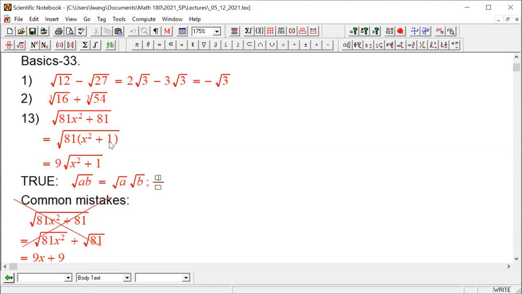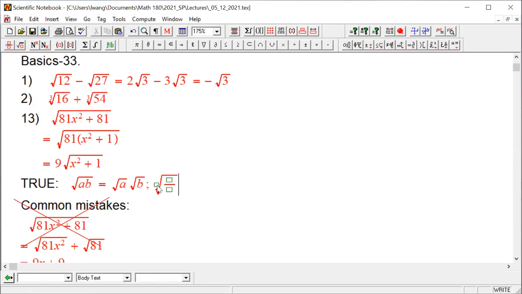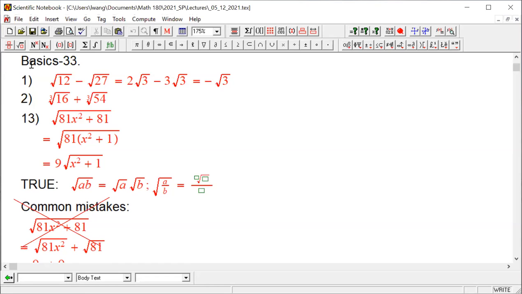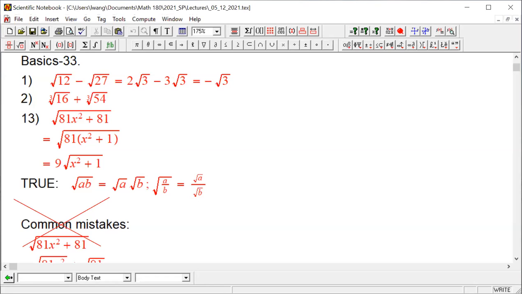Okay, another case: the square root of a divided by b equals the square root of a over the square root of b. Those are true. Now, what are false?